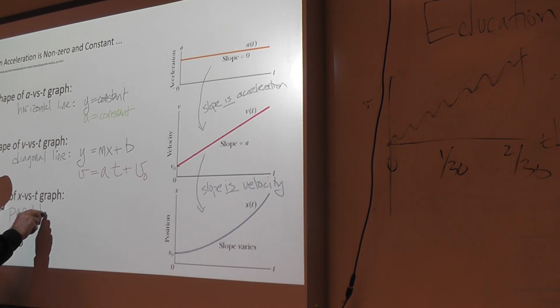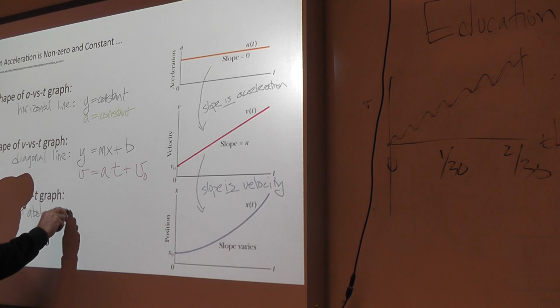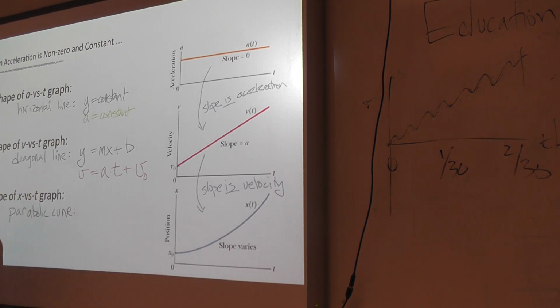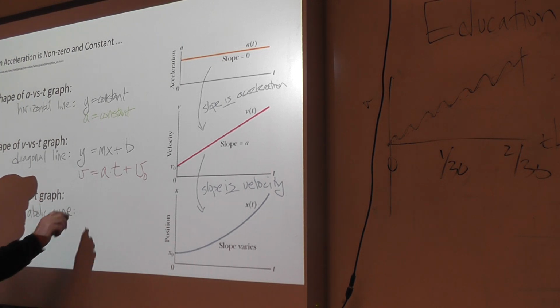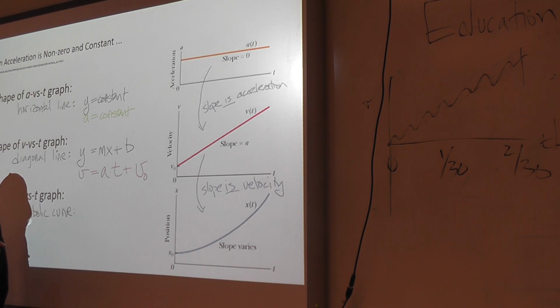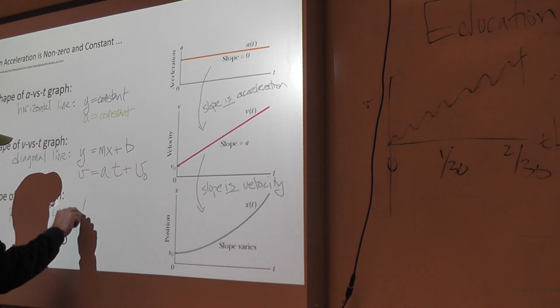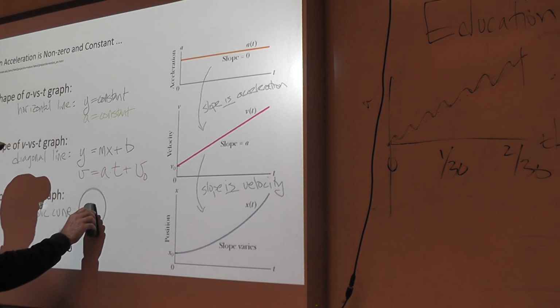Then we'll get a parabolic curve, and the equation for a parabolic curve in xy coordinate space, does anybody remember? It's a tricky one. I mean, it's not super tricky. You've done this, but you probably have forgotten. X squared? Yeah, it's the x squared thing, yeah. So it's, yeah, that's great.